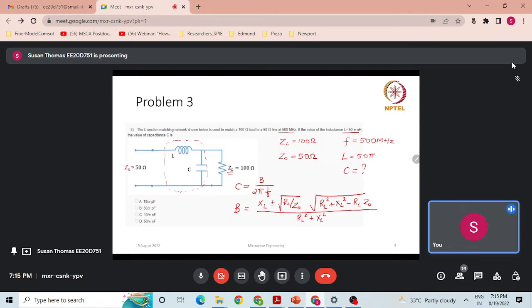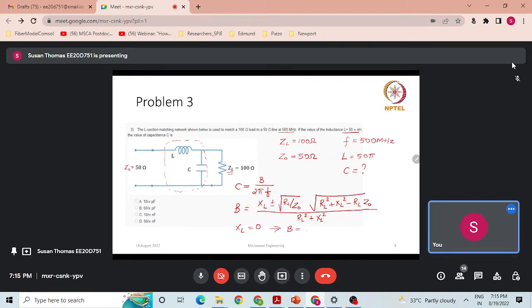Here, can you tell me what is XL? It is the imaginary part of ZL. Can you tell me the value of that imaginary part of ZL? It is 0. Because it goes to 0, the expression for B reduces.